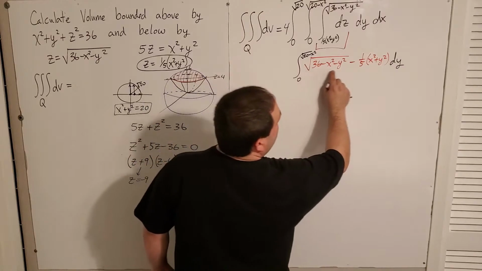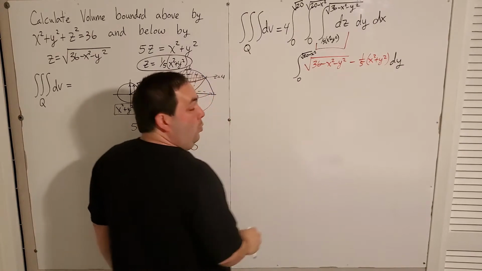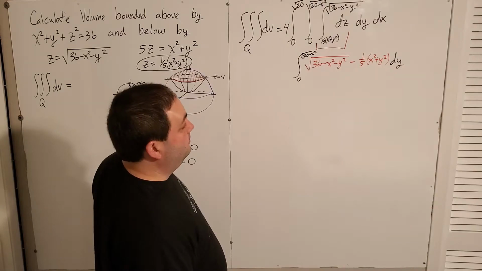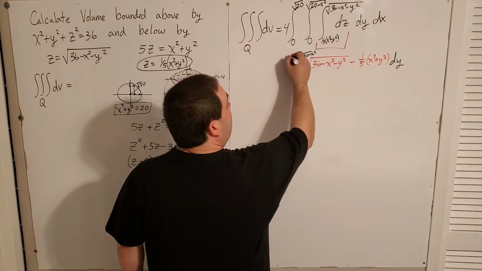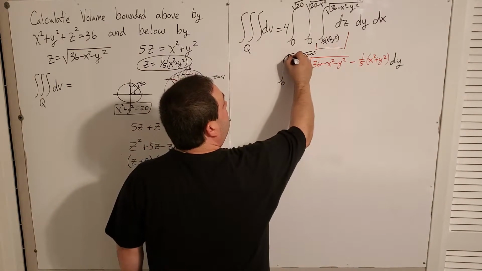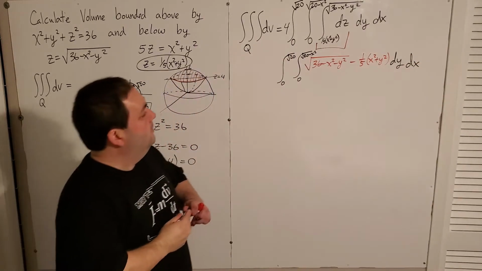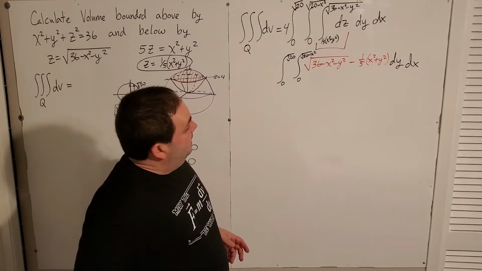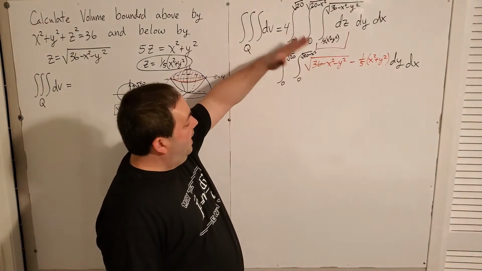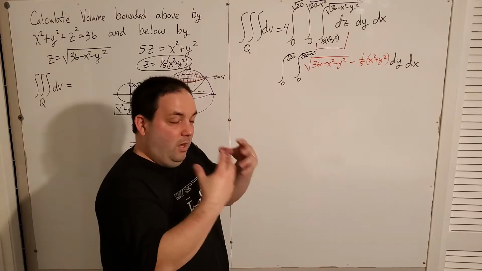Okay? So imagine doing all of this integral in terms of y. And then even when you're done with that, you still have one more integral, dx. Okay? It becomes very, very gruesome after this point. Very, very chunky.